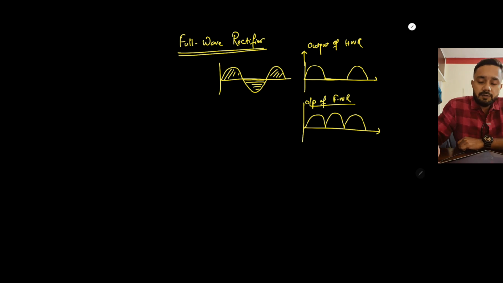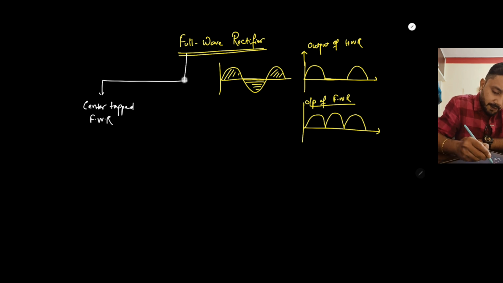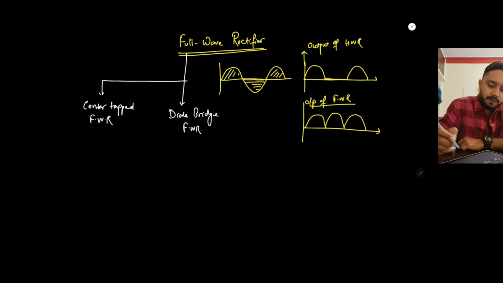So now let's see how the circuit of the full wave rectifier looks. Basically there are two types of full wave rectifier. One is the center tapped full wave rectifier, and another is the diode bridge full wave rectifier. In this video, we'll basically discuss the diode bridge full wave rectifier.